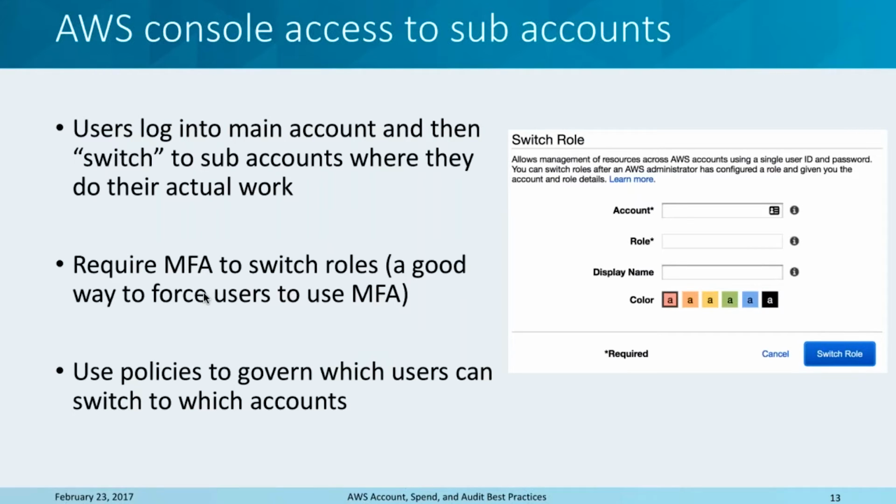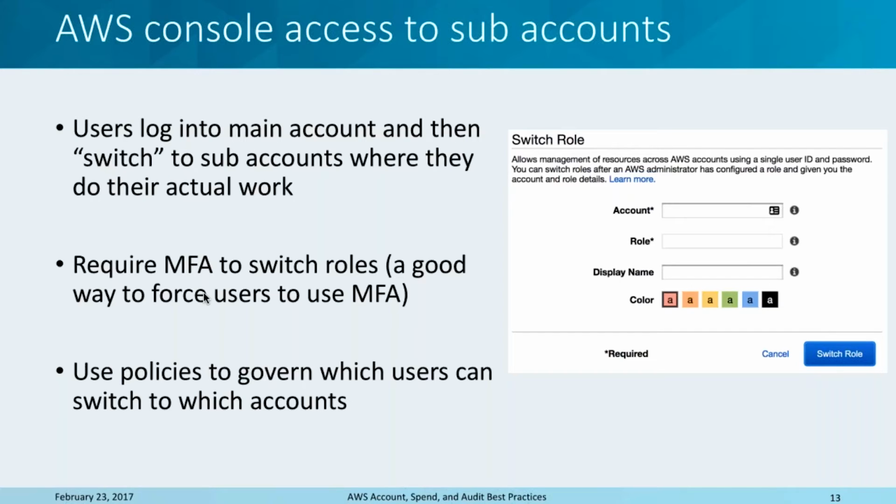Assuming you have the appropriate policy attached to the user, that user will then be allowed to switch to that account. Now, once you do this once, the console will remember that you've done it. So next time you could just use a simple drop-down and the role will appear there. So you don't have to type this in over and over again.